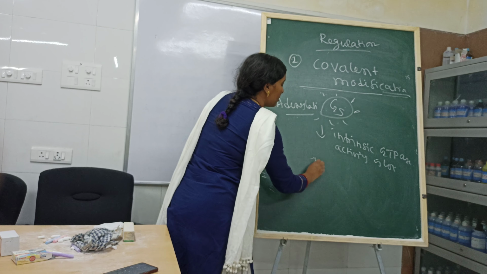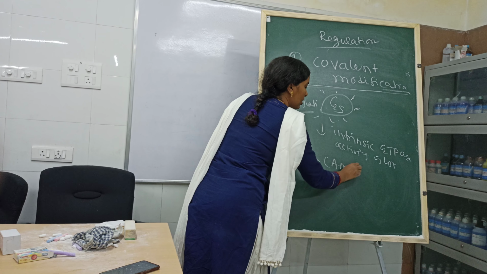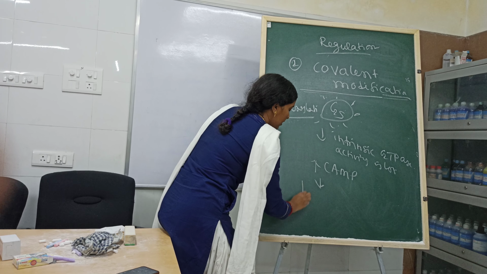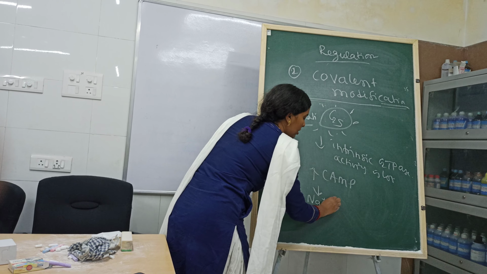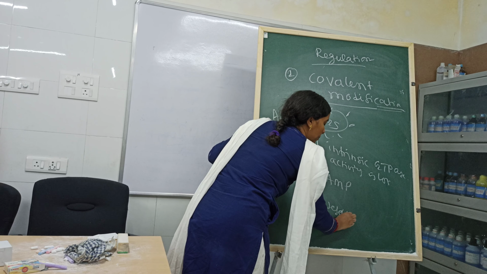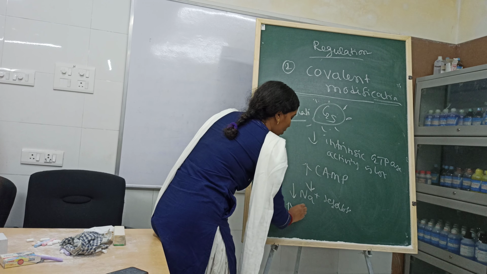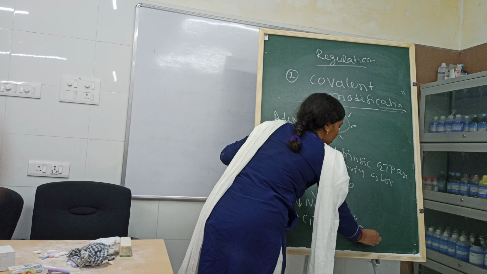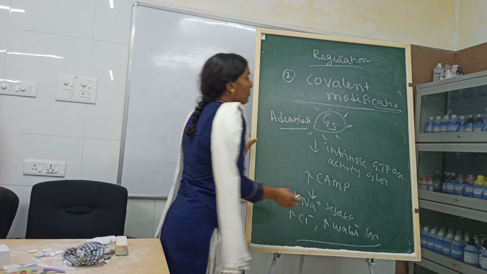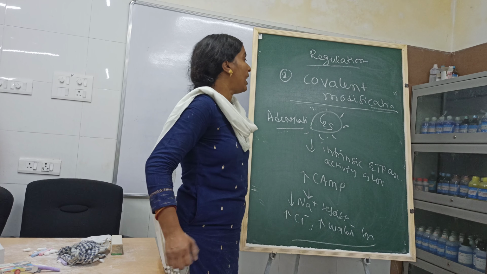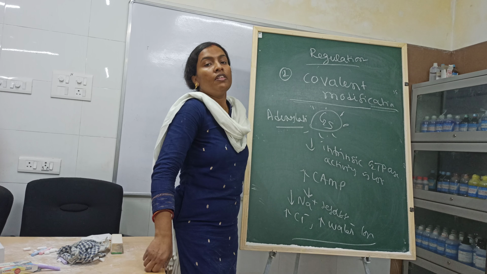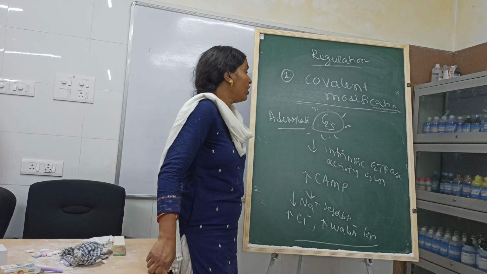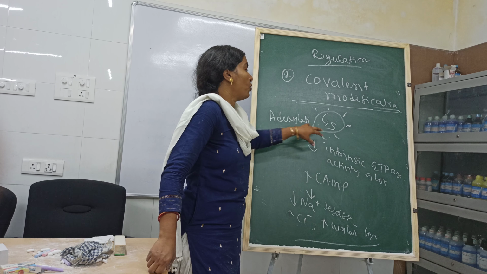So there is an increased amount of cyclic AMP generation, decreased sodium reabsorption, and increased chloride and water loss. So there is diarrhea. The classical example of adenylation is the ADP ribose attachment to the stimulatory G protein.